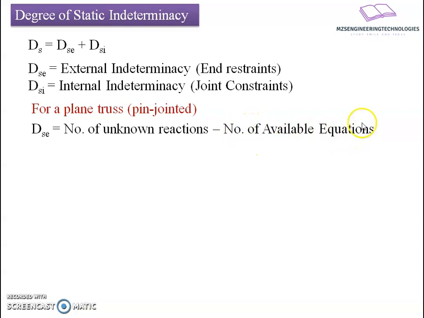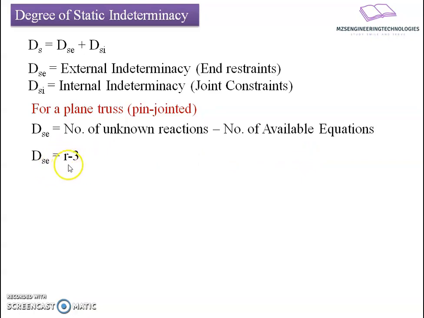Here the number of usable equilibrium equations for a plane truss will be summation of force in x direction equals 0, summation of force in y direction equals 0, and summation of moment at any point equals 0. These equations we define depending upon the geometry. In case of a plane truss, it is a coplanar force system. That's why we'll have 3 equilibrium equations. So let us say dse is equal to r minus 3.